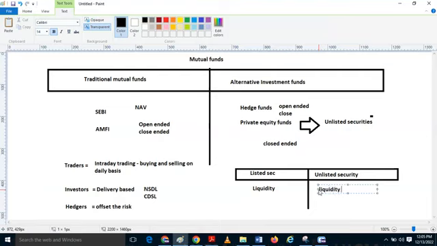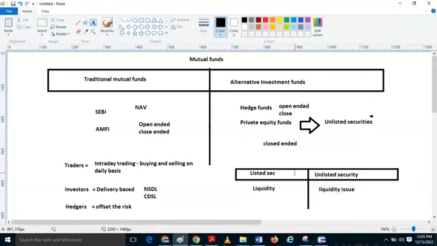I will give you a very layman example. Suppose you are a private equity fund and I am a company. You come to me and say your company is not listed and we are a PE fund, we want to purchase your shares. I will give you my unlisted shares, but I will make terms and conditions for 5 years, because now you are giving me your fund and I will put that fund in my business, and the business will take some time to grow.